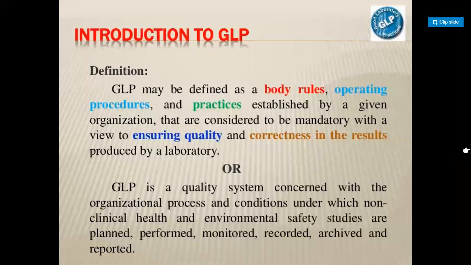GLP may be defined as a body of rules, operating procedures and practices established by a given organization that are considered to be mandatory with a view to ensuring quality and correctness in the results produced by a laboratory. So, as the name indicates, Good Laboratory Practice.